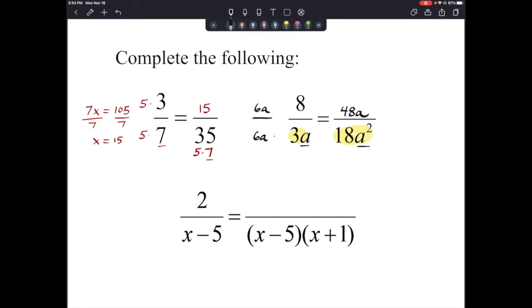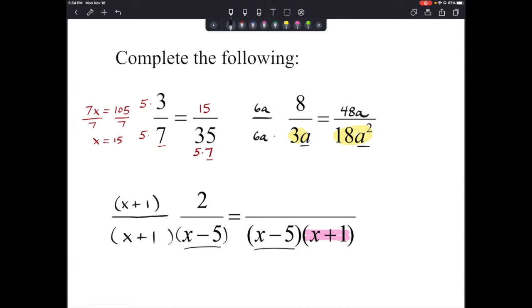All right, looking down at the bottom here, you see we have 2 over the quantity of x minus 5, and we're trying to say that equals blank over the quantity of x minus 5 times an x plus 1. So what's missing on our left side is this x plus 1. So let's multiply the bottom times an x plus 1, but if we do it to the bottom, we must also do it to the top.